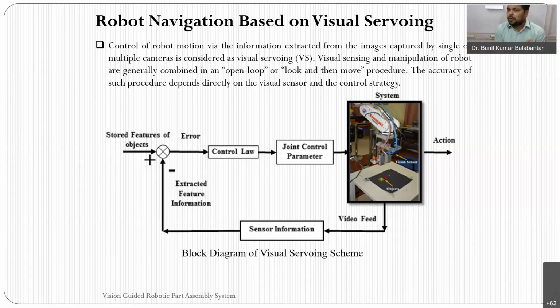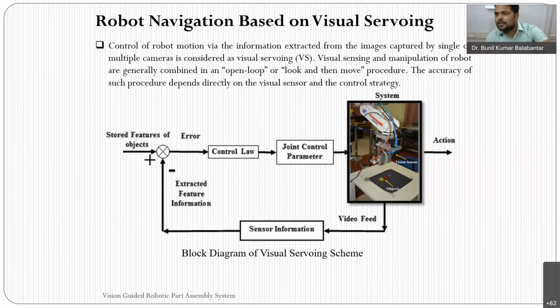Based on the control law, it controls the different joints of the robot, so the joint control parameters also come into the picture. All of this is in a loop concept.